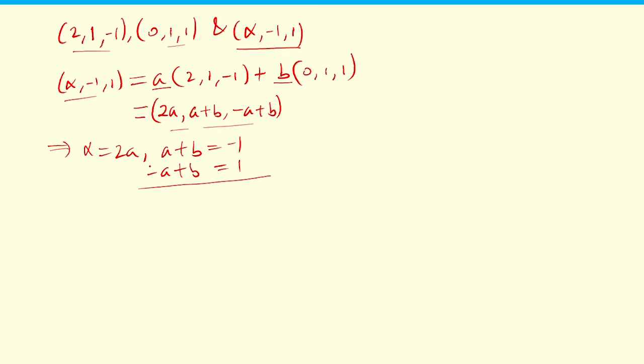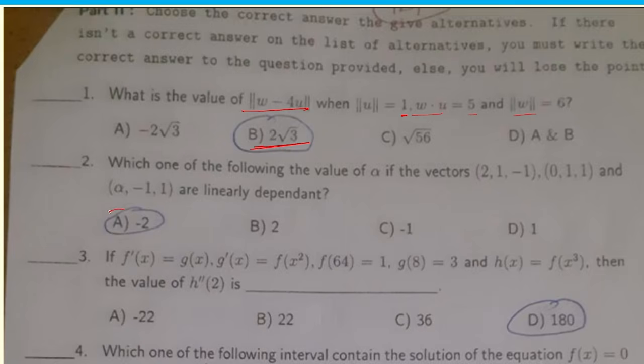Now add downward: 2b is equal to 0. This implies b is equal to 0. So if b is 0, what will be a? A is equal to -1. If a is -1, alpha will be -2. The answer is -2.